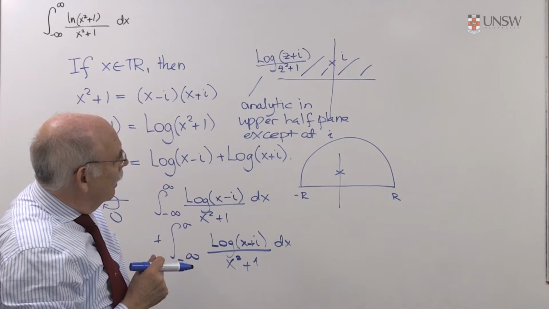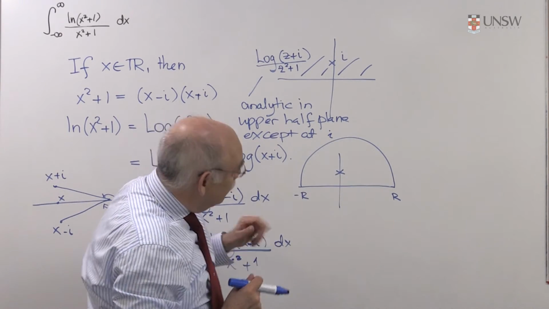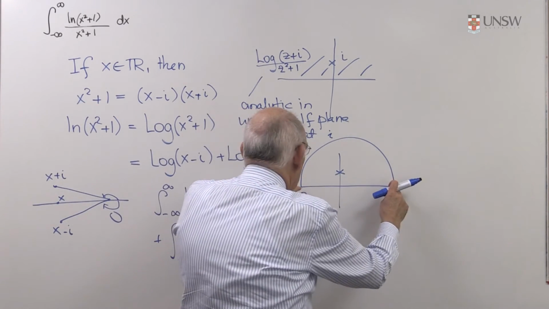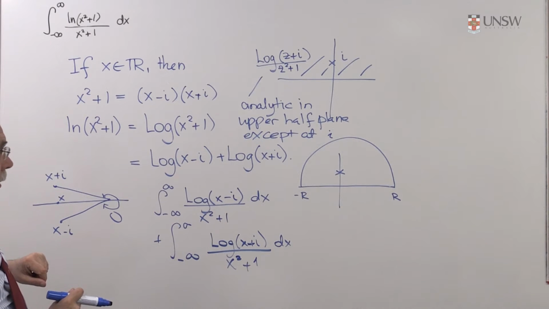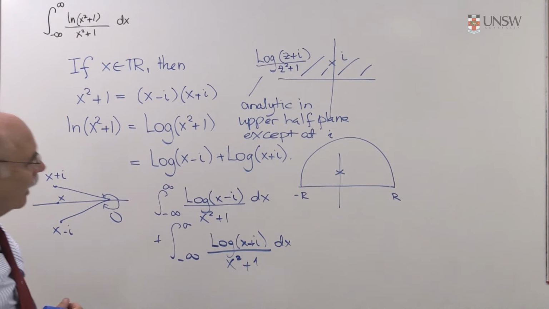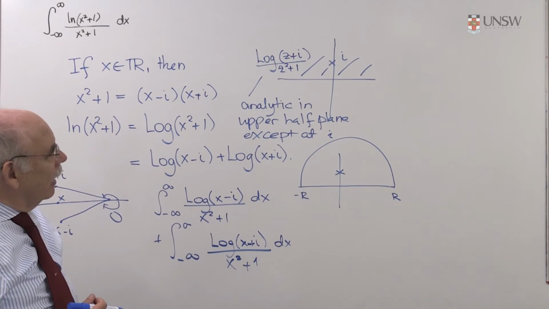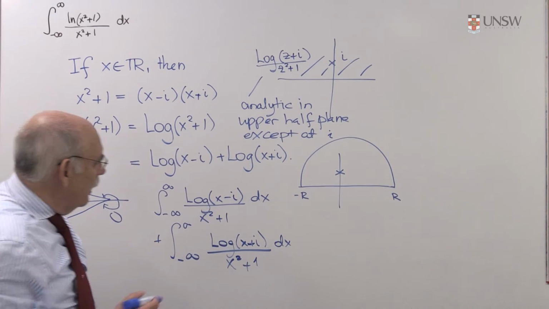And then one shows that the integral around this part goes to 0 as r goes to infinity, and as r goes to infinity, this integral tends to, well, what does it tend to? It tends to this integral. And so in the end, this integral is equal to 2 pi i times the residue, and that enables us to calculate this one.